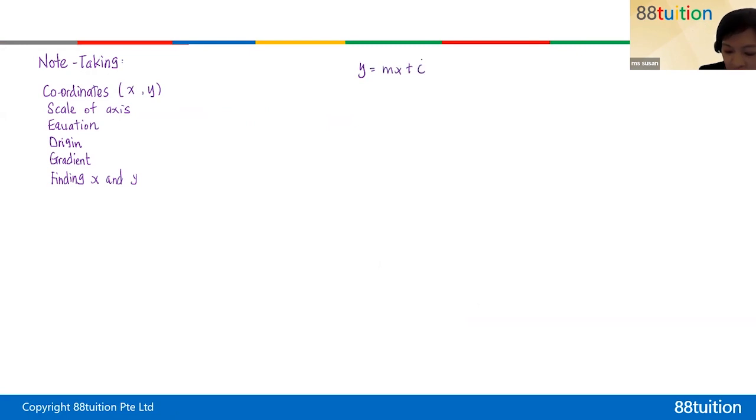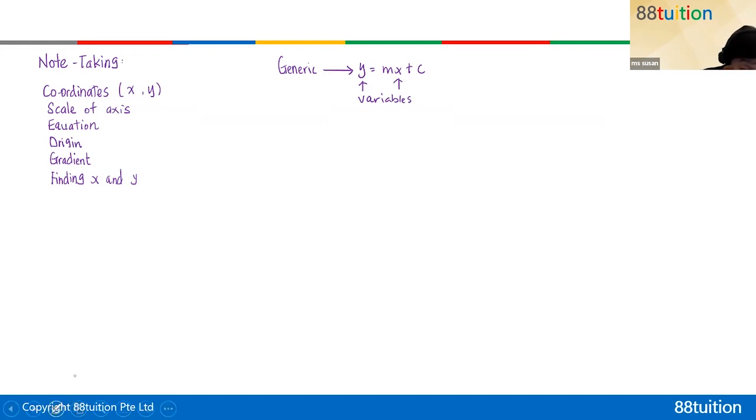Generic means we always base on this to understand the straight line graph. Let's take a look at this x and this y. We call them variables, because they are the points along the line.